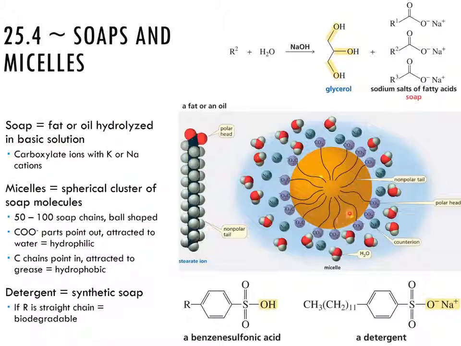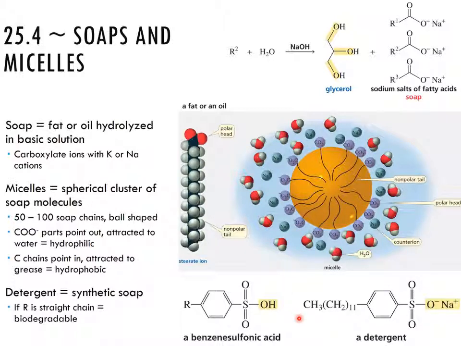There's going to be an attraction between that non-polar section of the soap and the greasy ranch dressing. And then it's able to wash it off of the plate because the negatively charged portion of the soap is going to be attracted to the water. So it's kind of just like the middleman between the non-polar ranch dressing and the polar water. It can talk to both things.